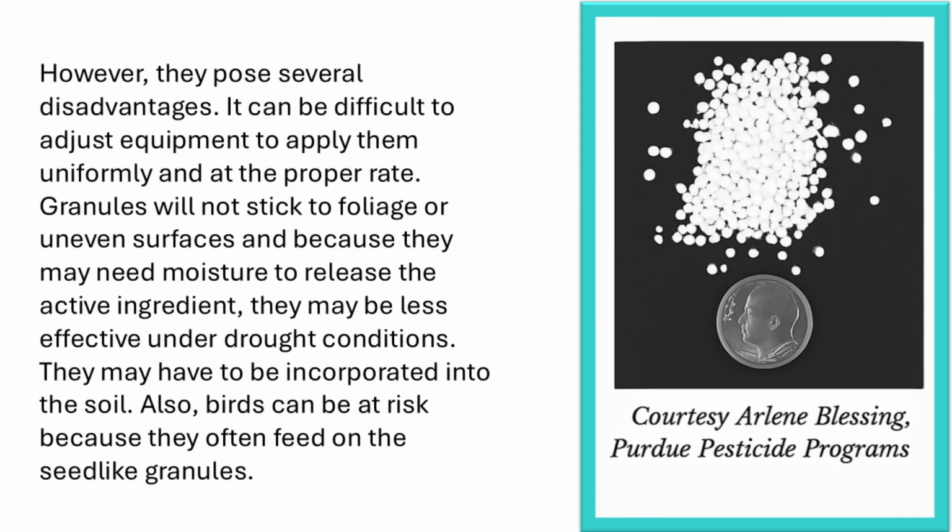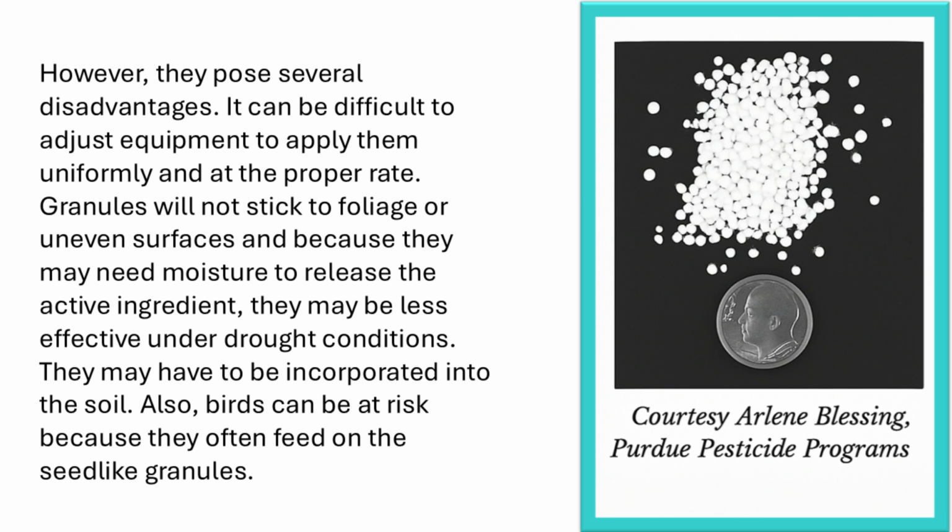However, they pose several disadvantages. It can be difficult to adjust equipment to apply them uniformly and at the proper rate. Granules will not stick to foliage or uneven surfaces, and because they may need moisture to release the active ingredient, they may be less effective under drought conditions.